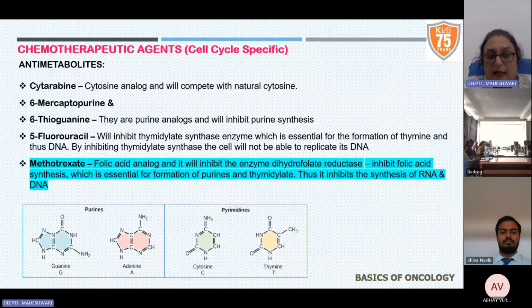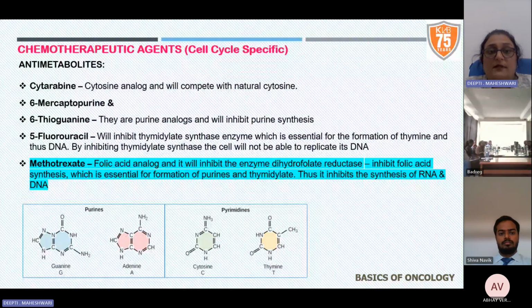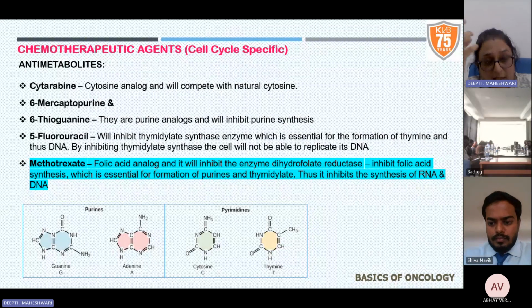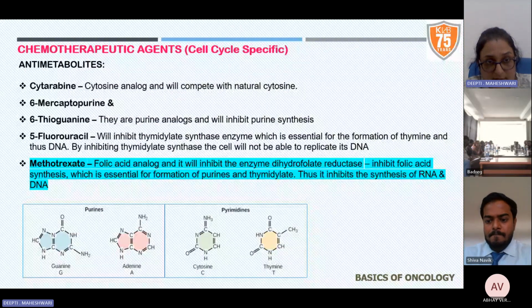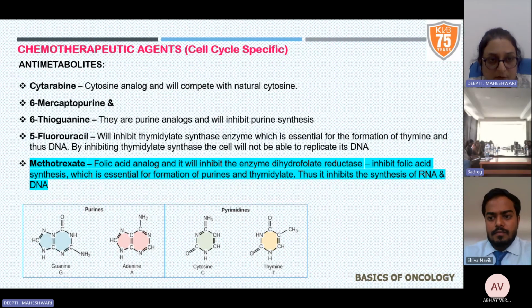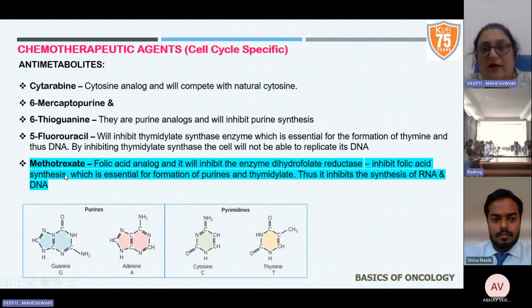Some of them are purine analogs, that means their structure is similar to purines, like 6-thioguanine, and 5-fluorouracil, which resembles thymidylate synthetase, and is actually responsible for the formation of thymine, which is required for DNA synthesis. But we will not go into the details because we don't have products in those categories. We will be considering methotrexate because we have methotrexate with the name Mthex with us.